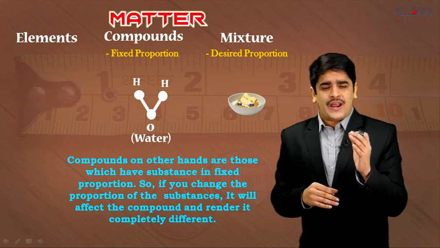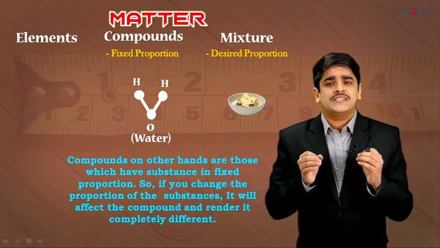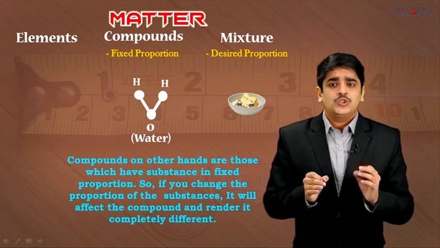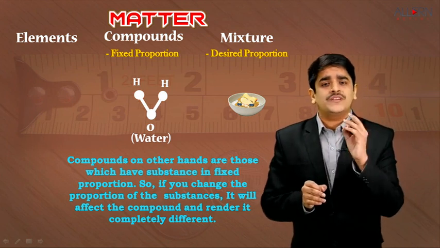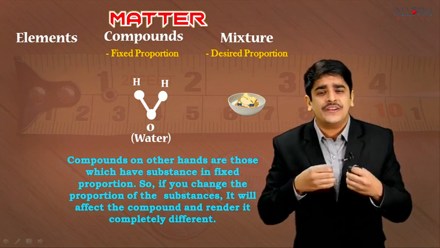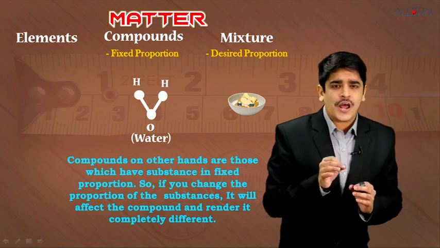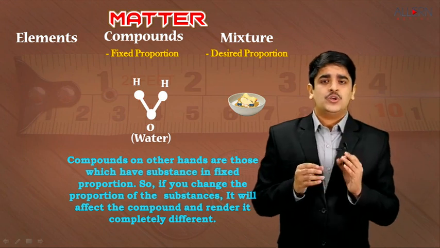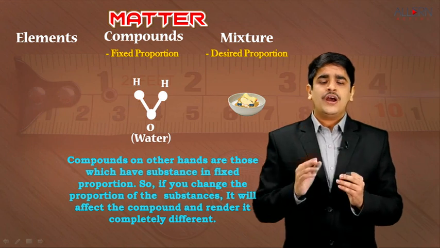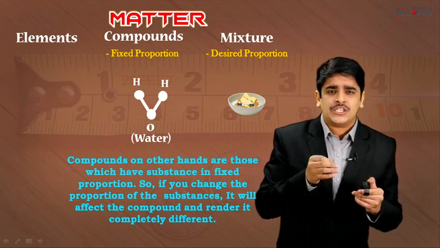Compounds, on the other hand, apart from mixtures, are those which have substances in a fixed proportion. So if you change the proportion of the substances, it will affect the compound and it will render it completely different. Now what do I mean by that? Right now, as an example for a compound, you all are seeing water. What is the formula? H2O. It has to have a fixed proportion. You really can't change it.